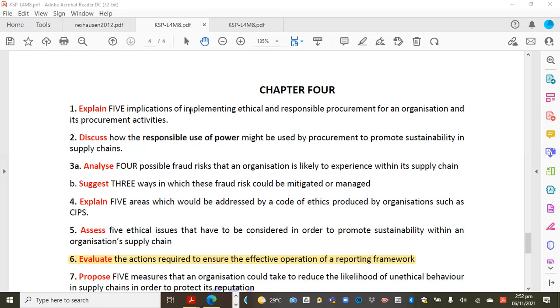And one implication for implementing ethical and responsible sourcing or procurement is that it has technological implications. When we talk about technological implications, we are looking at the use of software like Cognitive Supply Chain 360 or supply chain mapping tools.